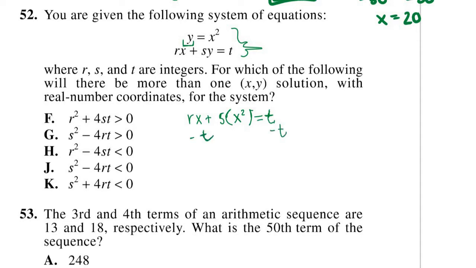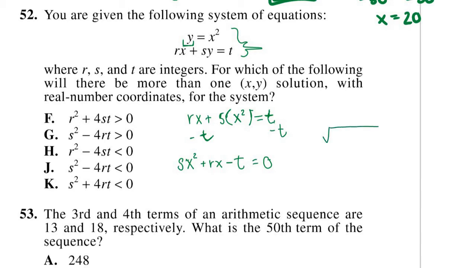And then we'll rewrite it as sx squared plus rx minus t equals 0. From here, we can plug this into the quadratic equation or the discriminant.